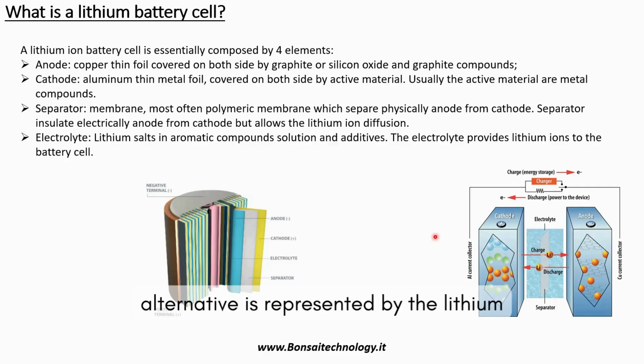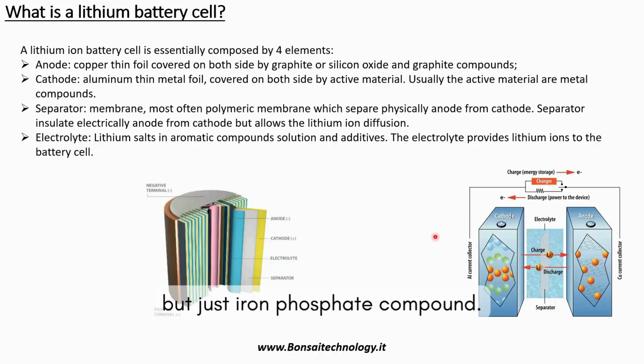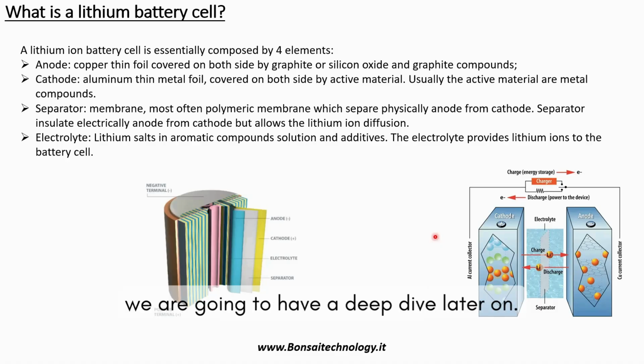An alternative is lithium iron phosphate, which doesn't contain any nickel, cobalt, or manganese compounds, but just iron phosphate. The properties are quite different from the NMC compounds, and even the price. Even for the cathode, we are going to have a deep dive later on.